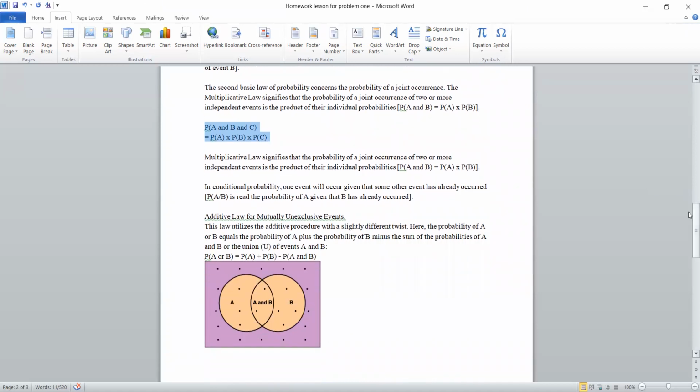So the multiplicative law signifies the occurrence of two or more independent events. And this is the product of that possibility, right? So we have P(A and B) equals the possibility of A times the possibility of B. So if I calculate the possibility of A out of my sample, what's the possibility that I get a girl?